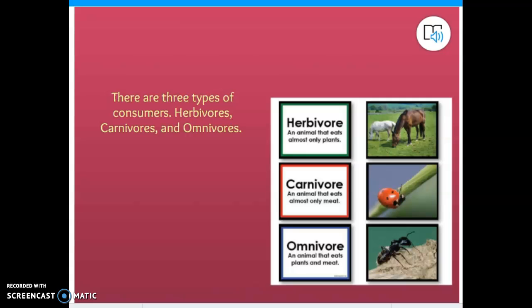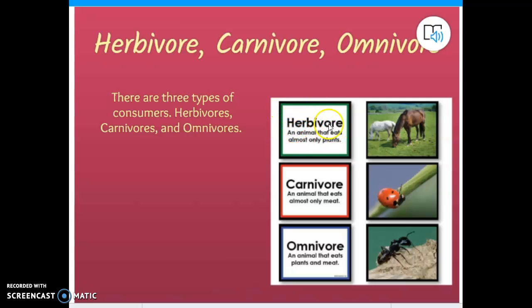Our first category that we'll look at is herbivore. Then we'll look at carnivore. Then we're going to look at omnivore. These are 3 classifications of consumers because they all eat, but they eat very specific things.